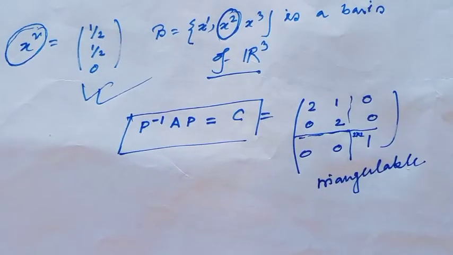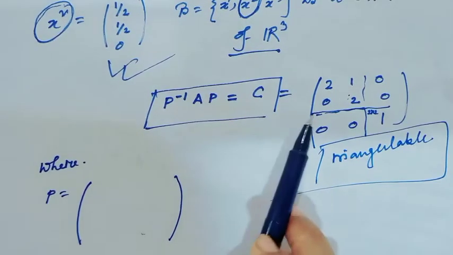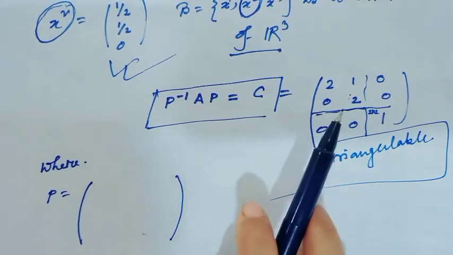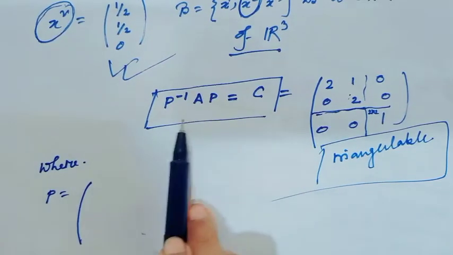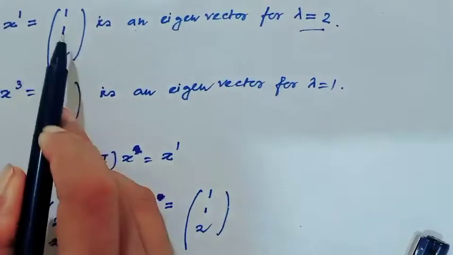Have you understood the idea of a triangulable matrix? Notice P inverse A P equals this canonical form, where obviously P consists of the vectors x1, x2 and x3, where x1 means 1, 1, 2.